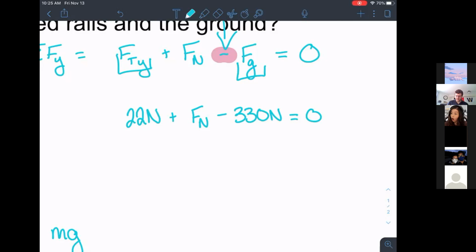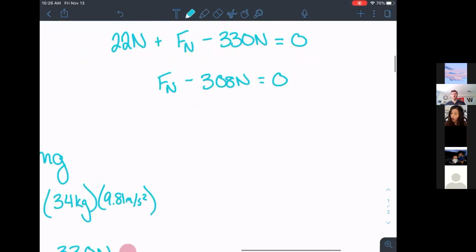All right, so if we add those together, we get the normal force minus 308 equals 0. So what does my normal force equal? 308. And then with sig figs, what does my normal force equal? 310. 310, perfect.